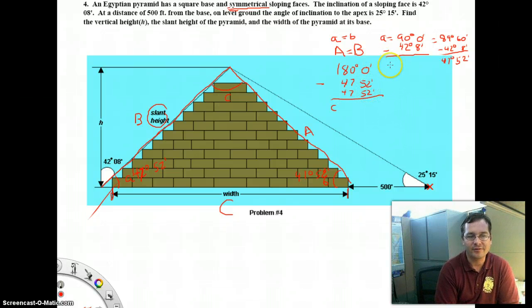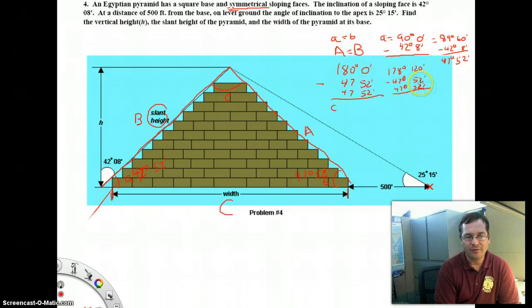So we'll borrow twice. I'm going to take 2 away from 180. That gives me 178 degrees. And 2 degrees is 120 minutes. Then we're going to subtract from this 47 degrees 52 minutes, and again 47 degrees 52 minutes.